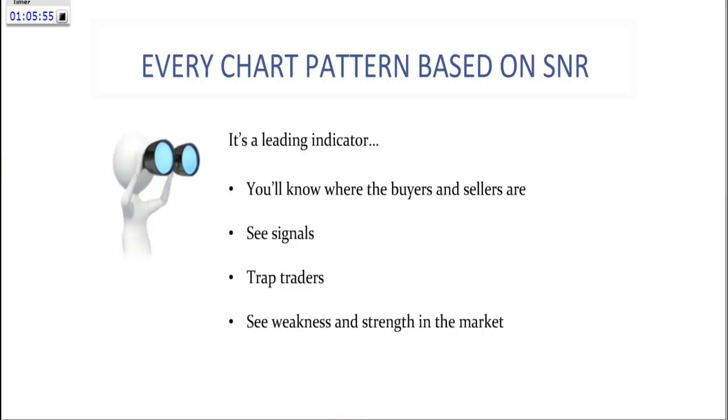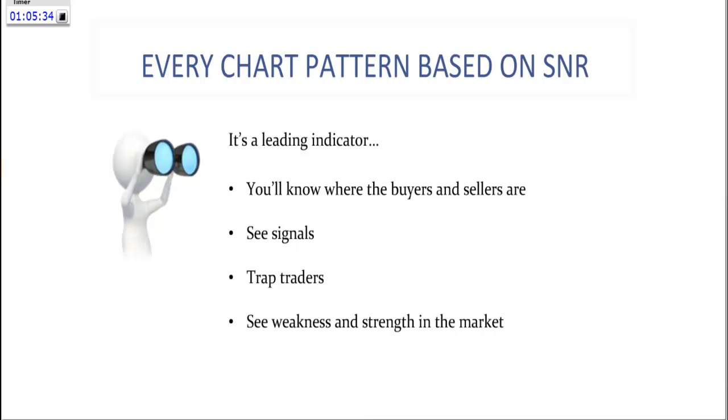Nice thing about support and resistance is that, unlike other indicators, it's actually a leading indicator. And that's because support and resistance is based on price. So there's nothing that is more accurate or fluid than current price action.